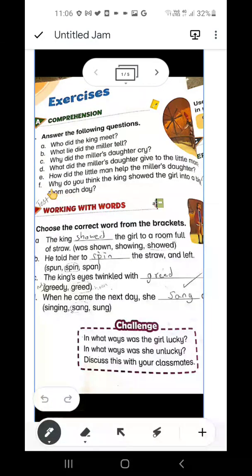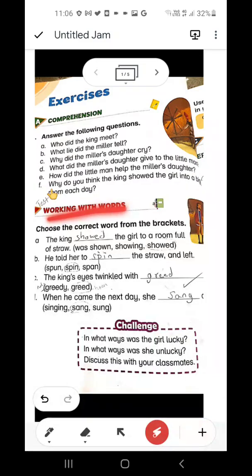Students, this exercise, choose the correct word from the brackets, actually revolves around a basic concept of using the accurate verb form in the blank. Remember one thing that we have discussed many times: whenever you are talking about something which has happened in the past, we will use the second form of verb.